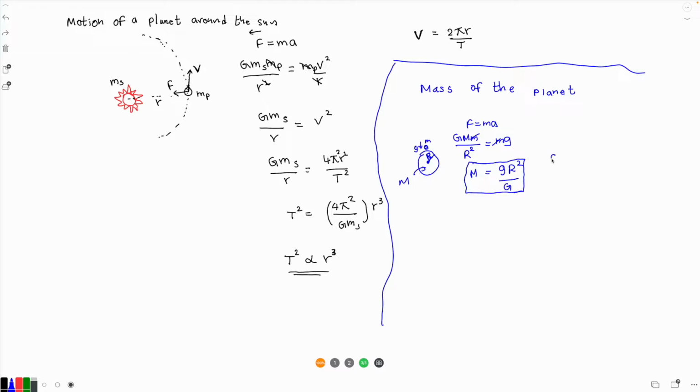So I am going to define g as the gravitational acceleration on the surface of the planet we are considering, and R is the radius of the planet, right?